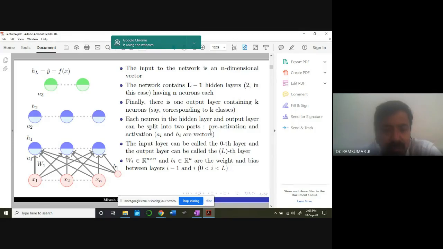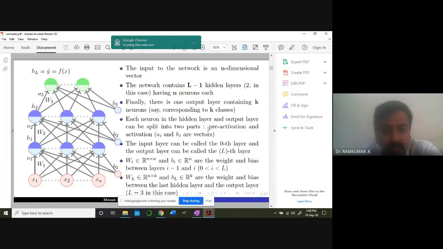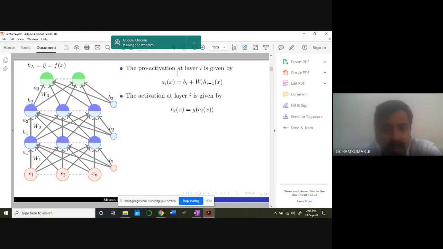So this is a connection. Clearly you can see how it is being connected like this. L equal to 3 in this case: 2 hidden layers and one output layer. The pre-activation at layer i is given by Ai(x) equal to bi plus Wi h(i-1)(x).